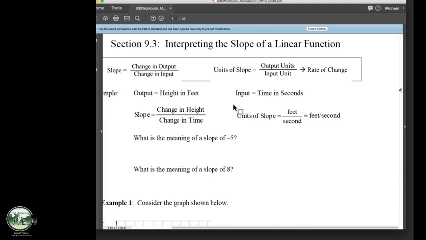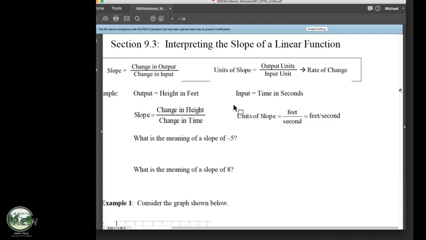This is the beginning part of calculus, actually. Calculus is all about rates of change, all about slope. If you understand slope, you understand what calculus is all about. And that's how they actually introduce calculus, with the slope formula. So this is the basis for all the advanced mathematics that we do, just a few steps away.